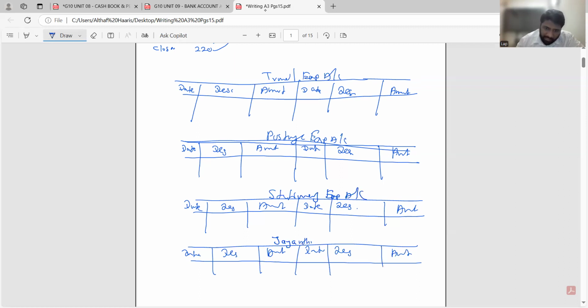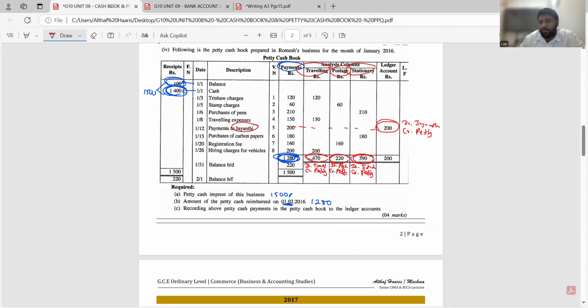Jayanti should be a creditor because we have paid, no. So in all the situations, Lamai, credit the petty cash book, debit the relevant account. We have to debit it.